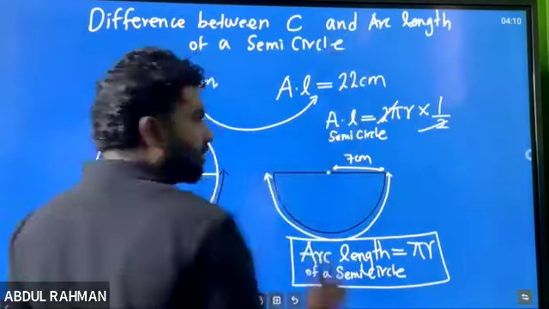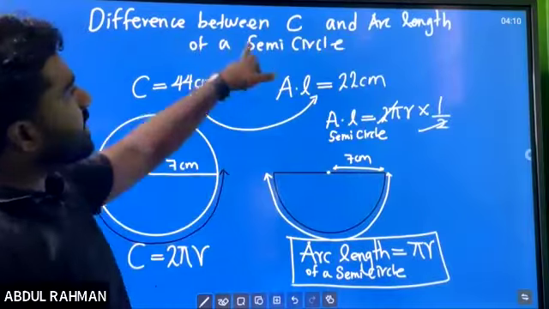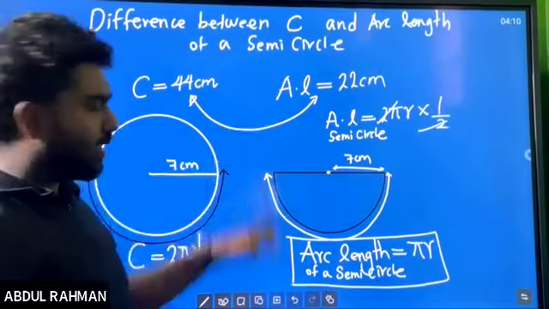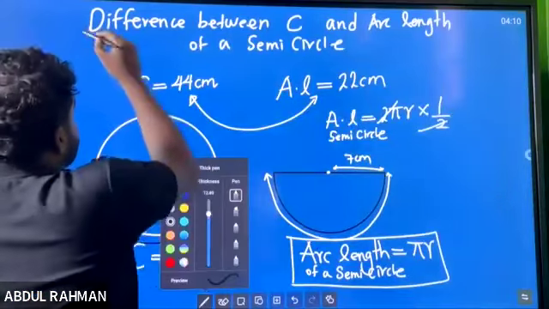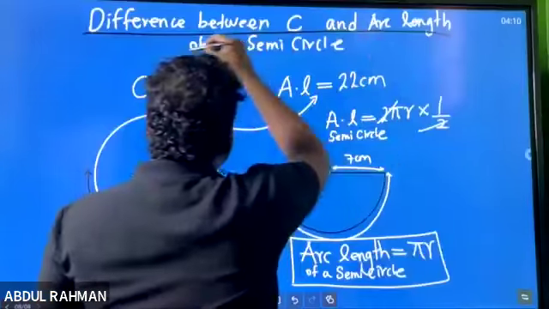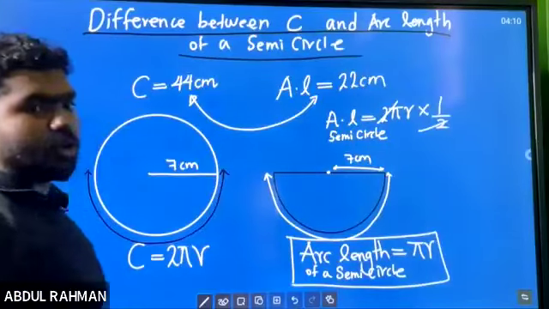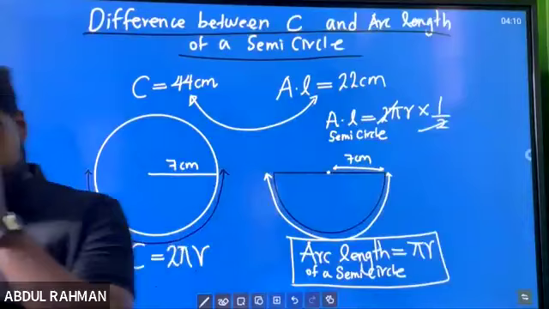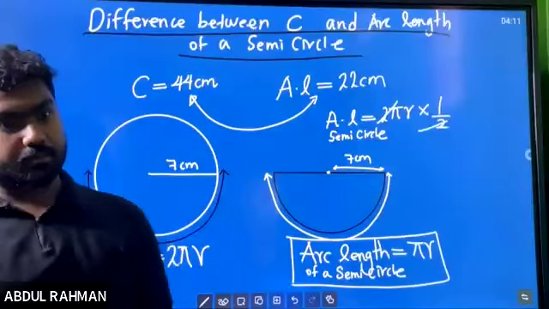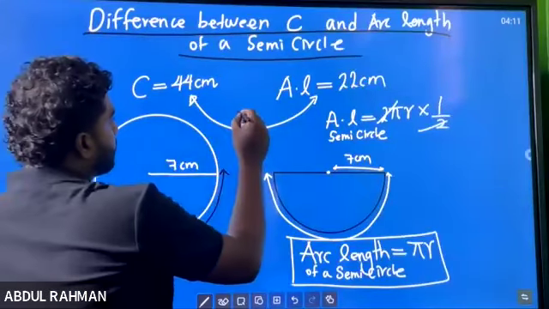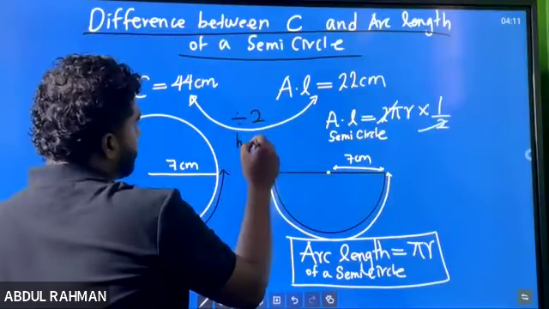What do we mean by C here? Difference between C and arc length of a semicircle. C means what? Circumference of a circle. Can you guys please write this heading and copy this diagram? Write this also.